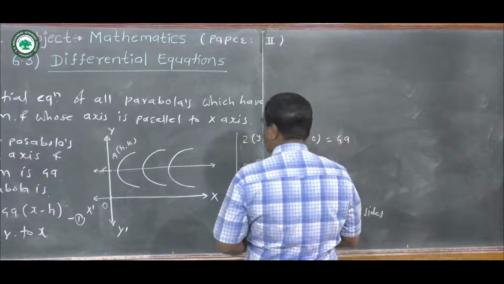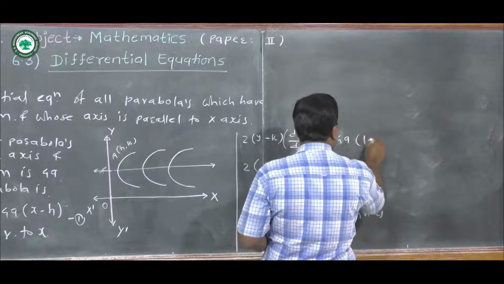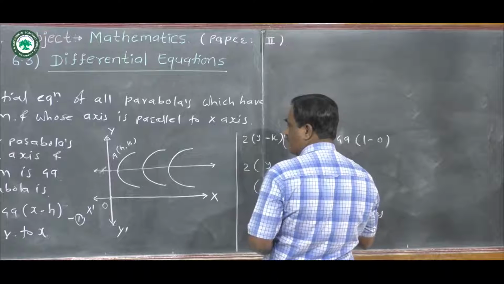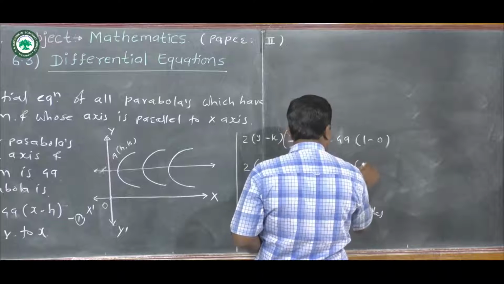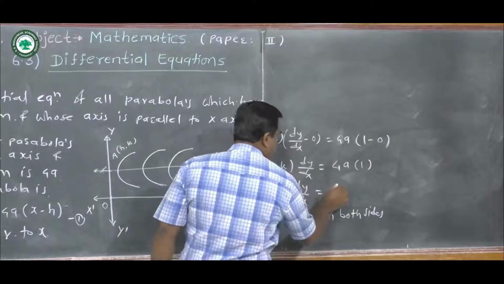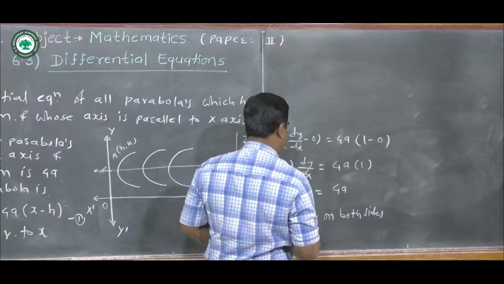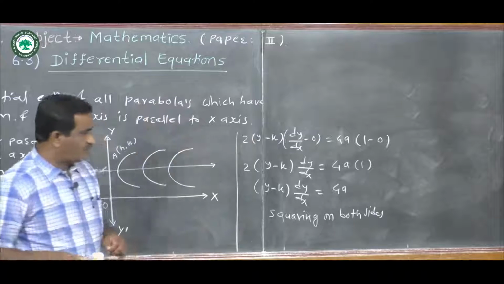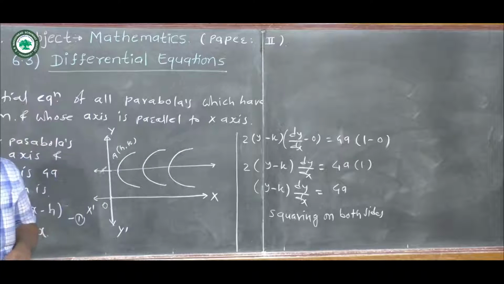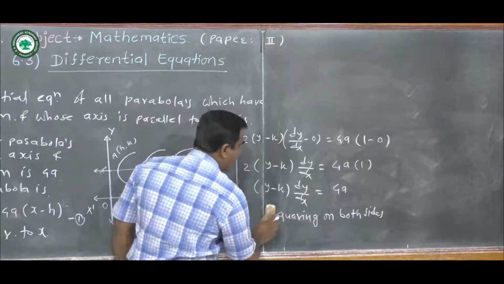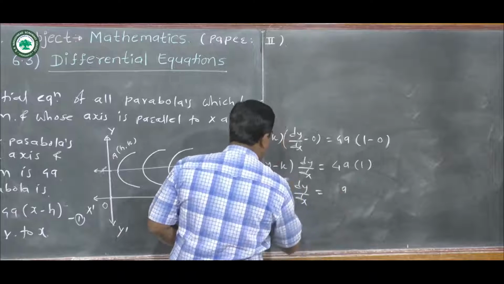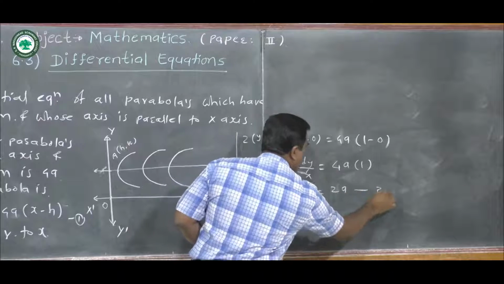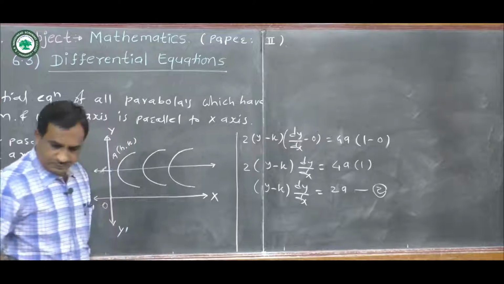Derivative of x is 1 and derivative of h is 0, that is 4a into 1, equal to 4a. (y minus k) dy by dx is equal to 4a. By dividing by 2, we get here 2a. This is equation number 2.